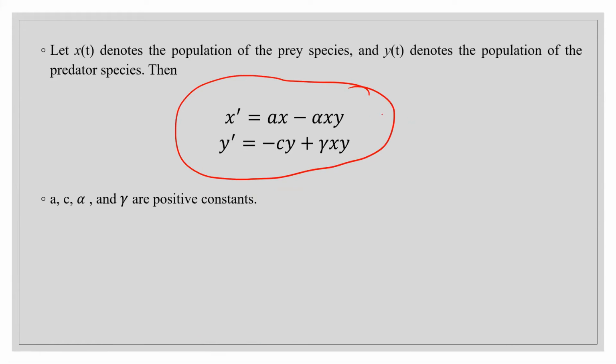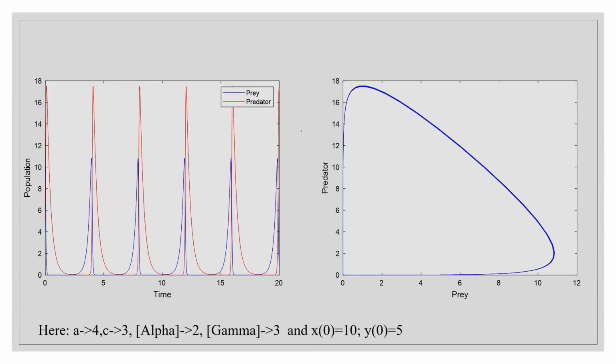This is the basic Lotka Volterra or prey predator model, and everything I have told you. So I have plotted this with the help of a MATLAB code by taking the parameter values A as 4, C as 3, alpha as 2, gamma as 3, and these are the initial values.